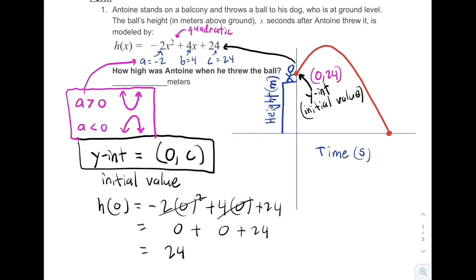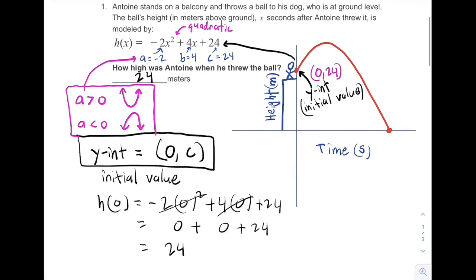That's how we got (0, 24). Right, so that's our y-intercept, our initial value. So it was at 24, which means it's 24 meters. Whenever you see initial value, when did you throw the ball, when did it start, how high was it when it started, that is always your initial value, which is your y-intercept.